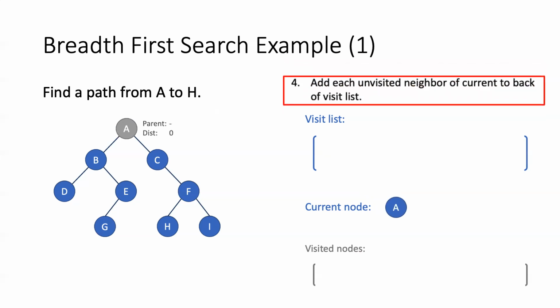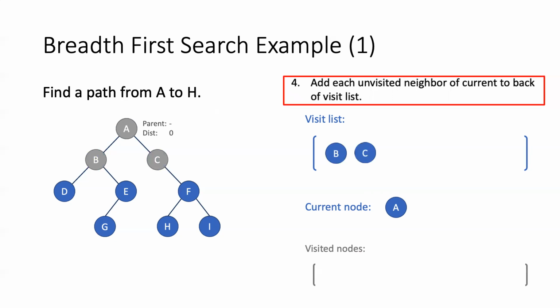So in that case, for the current node, we're going to take each of its unvisited neighbors and add them to the back of the visit list. So what's going to happen in this case is we're going to take the neighbors, which are going to be B and C, and we're going to move them onto the visit list in an order that, I don't think you have to choose a particular order in this case, but we'll just put them on B and C. It could be C and B if we wanted to, but that's up to you.